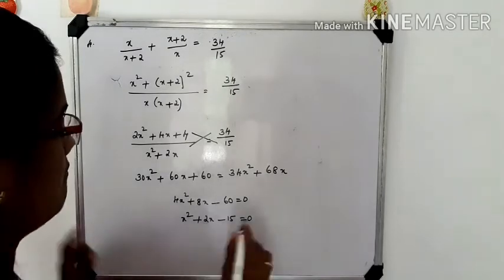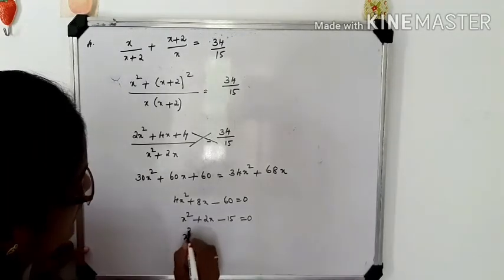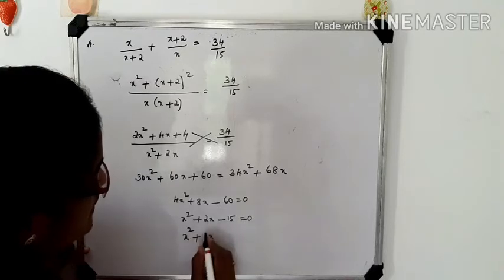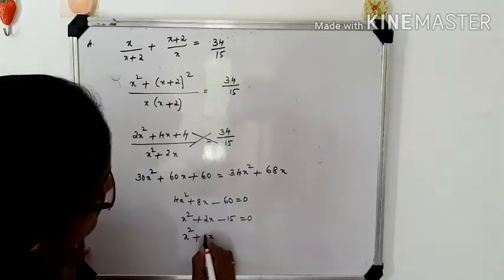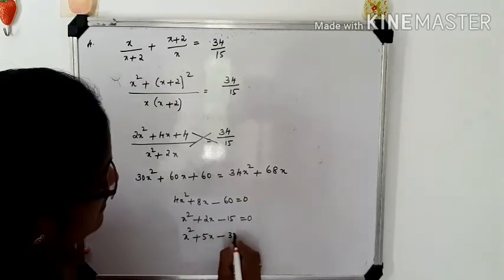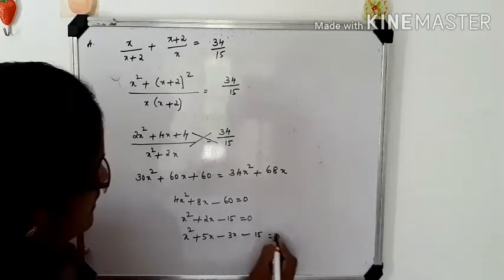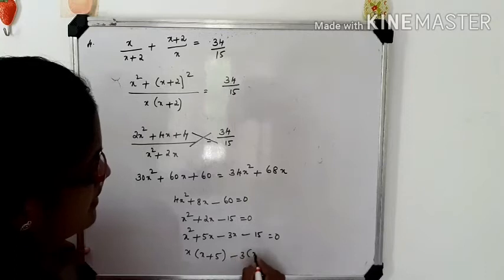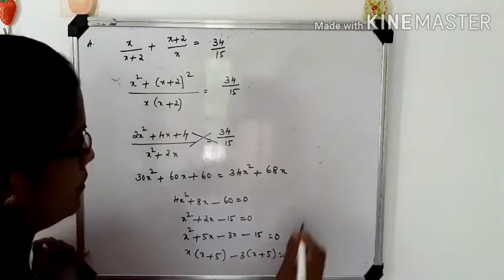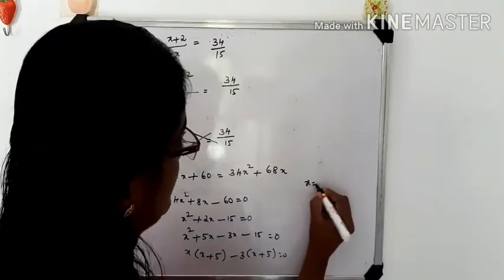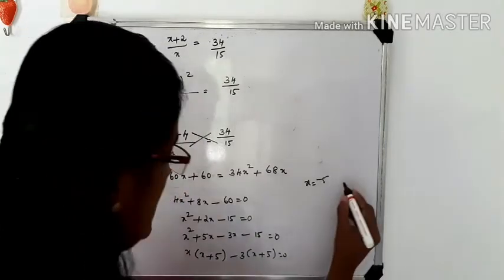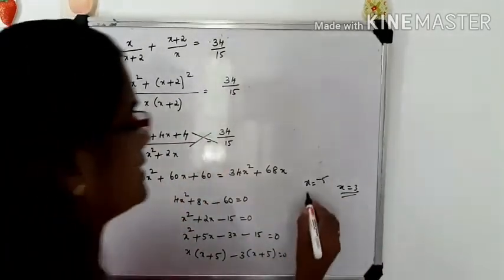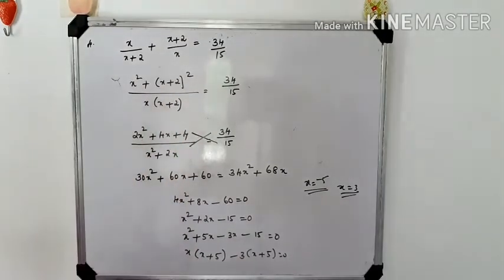Now 3 5s are 15. x square plus 5x minus 3x minus 15 equals 0. x into x plus 5 minus 3 into x plus 5 equals 0. That is x is equal to minus 5 or x is equal to 3. So there are two answers, minus 5 or 3.